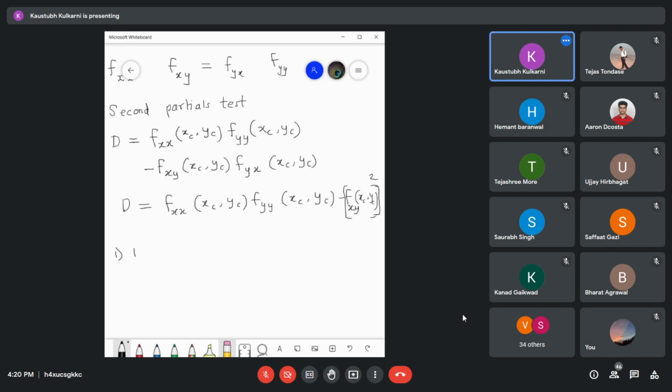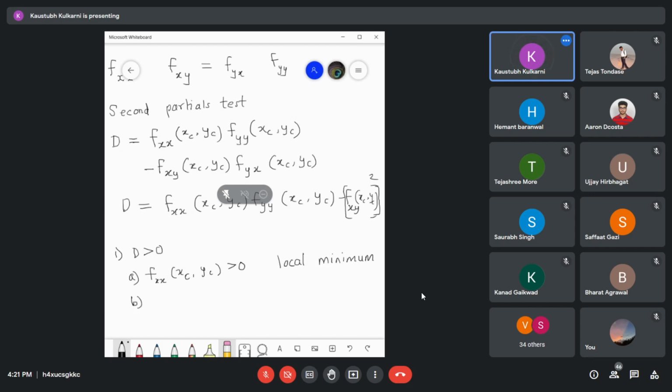First is D greater than 0. If D is greater than 0, there are two possibilities. First, if f of xx at xc comma yc is greater than 0, then it has a local minimum at xc comma yc.